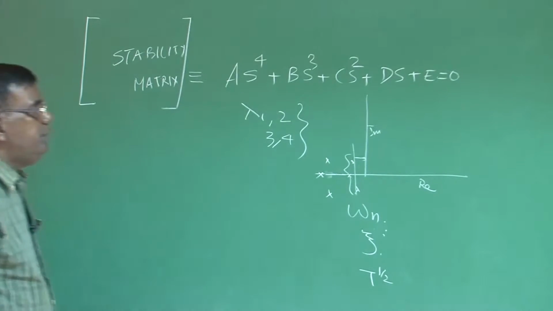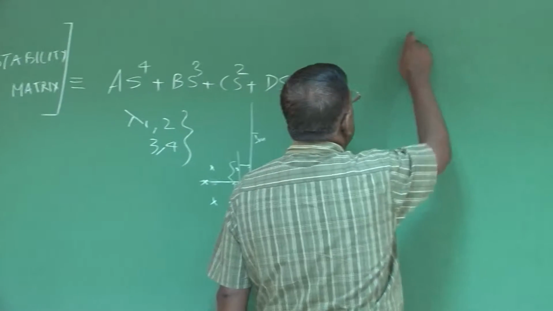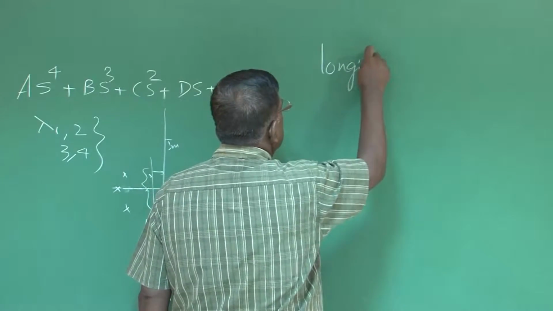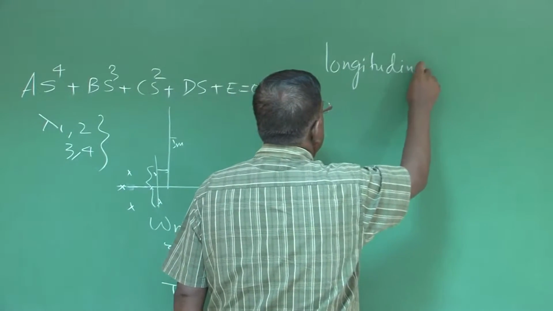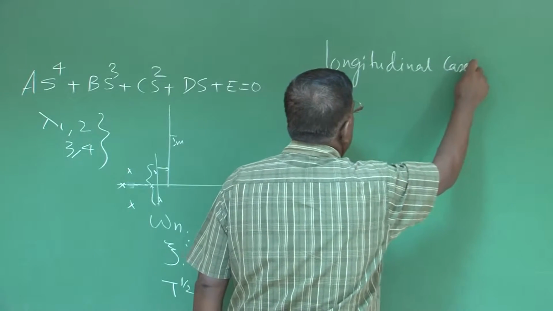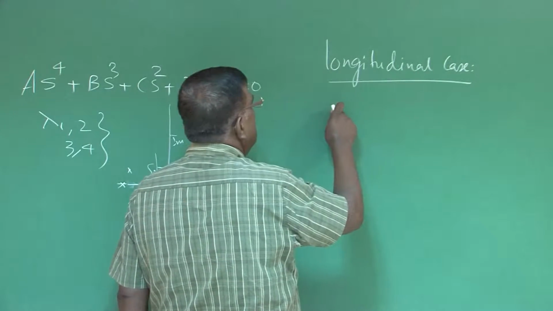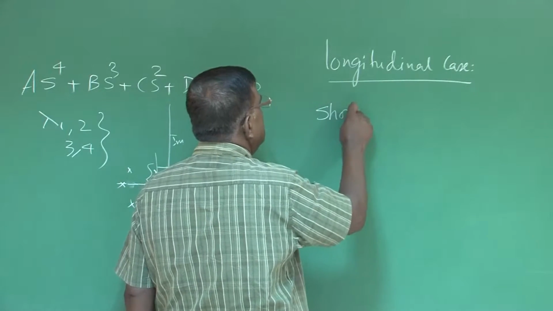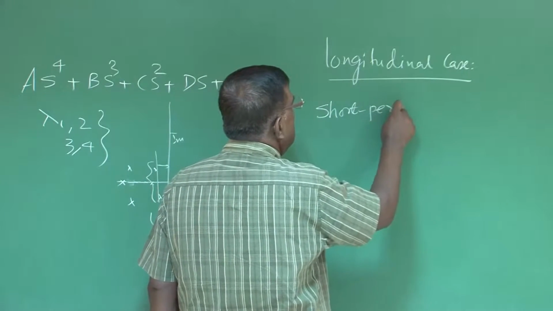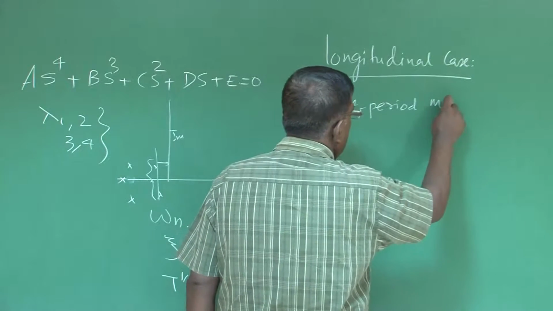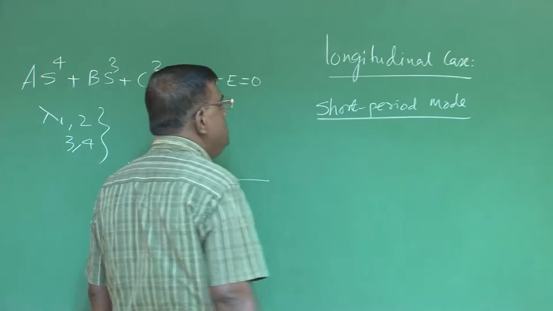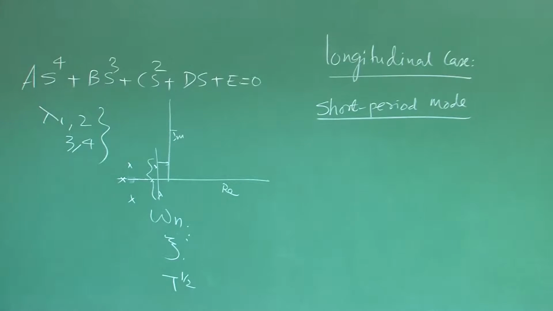Okay, so we will take first, suppose we are dealing with the longitudinal case. I will give one example, let us say for the short period mode. And what we are discussing now? We are trying to see how stability can be augmented during flight.